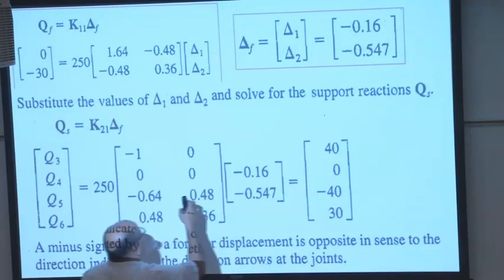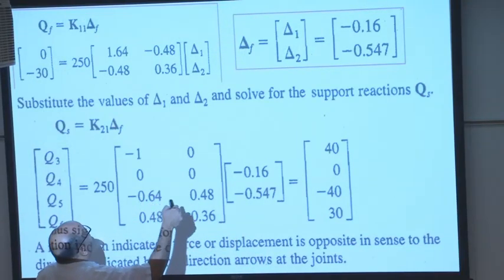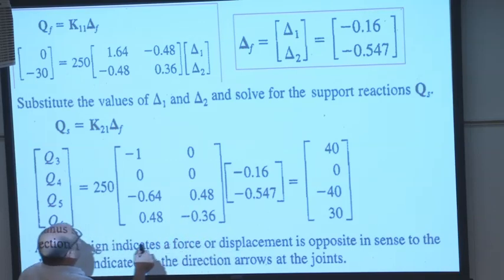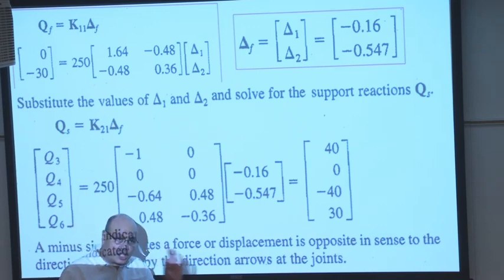So basically, that is the force, and this is K1,1 times the displacement plus zeros. If you solve this, that will give you the displacement of negative 16 at degree of freedom 1, and the displacement of negative 0.547 at degree of freedom 2. Perfect. So we achieved the first goal.